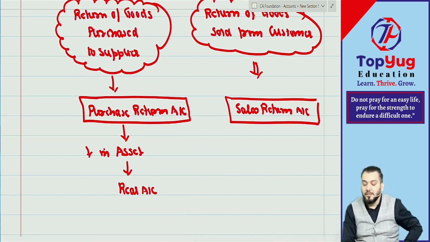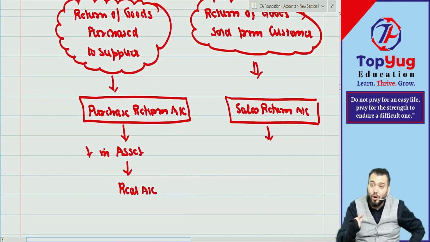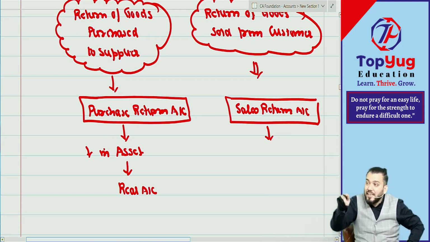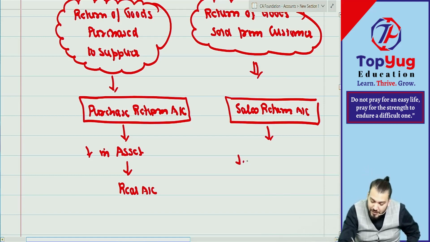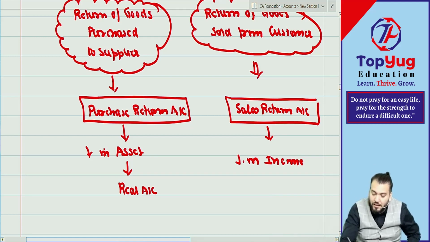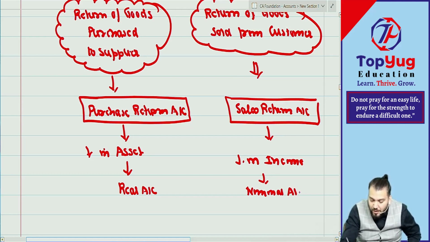Understood. Similarly, sales return is the opposite of sales. Sales means increase in income, so sales return will be what? Decrease in income. If income is nominal, then decrease in income will also be a nominal account.